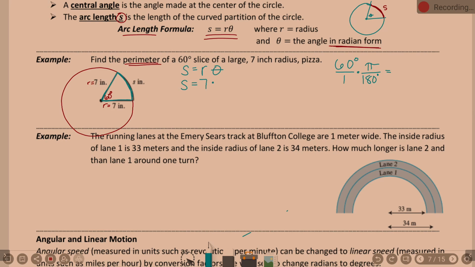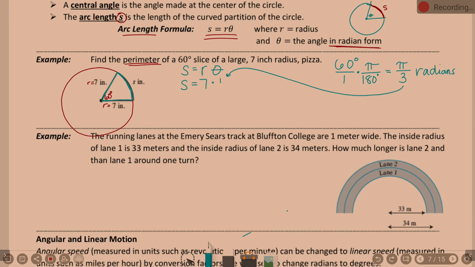Do some math. 60 and 180 cross cancel in my brain. 60 divided by 60 is 1. 180 divided by 60 is 3. So I end up with pi over 3 radians. So what's that mean?